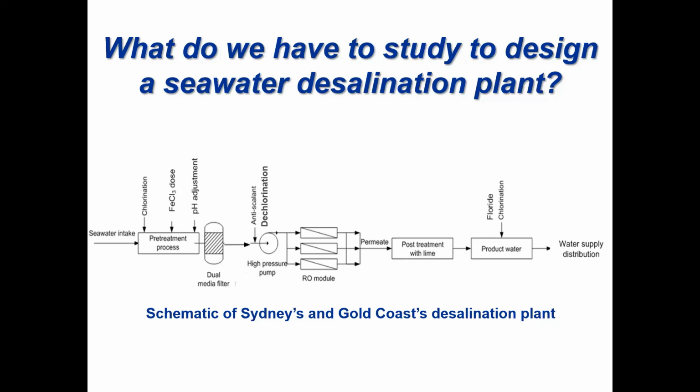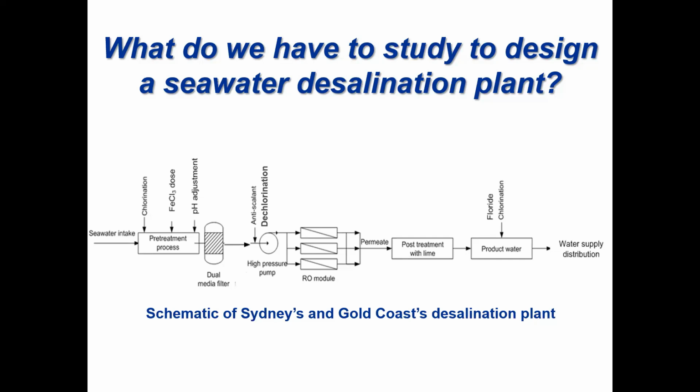Same here in seawater desalination. Seawater contains calcium, magnesium, iron, silica, many different divalent and multivalent ions, which will combine with your OH minus and create scaling. So we need to reduce the pH.